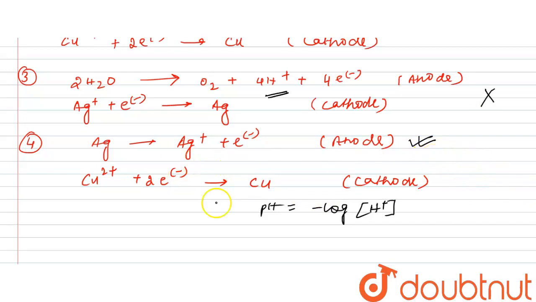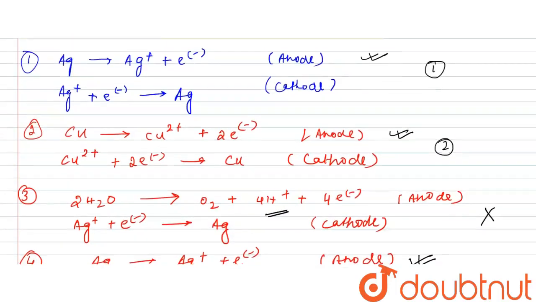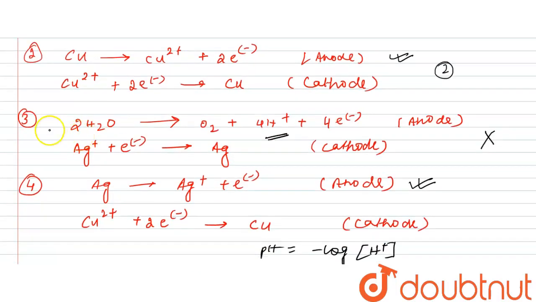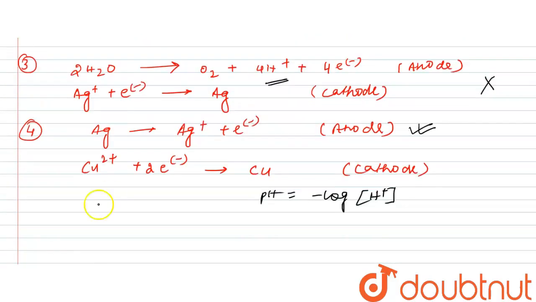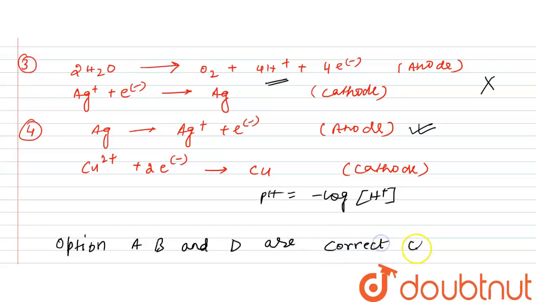So in all these cases except the third case, H plus is getting formed, and that's why the pH is altered. But in the other cases there is no change in the pH and the mass of anode is also decreasing. So options A, B and D are correct choices, right? I hope you have understood.